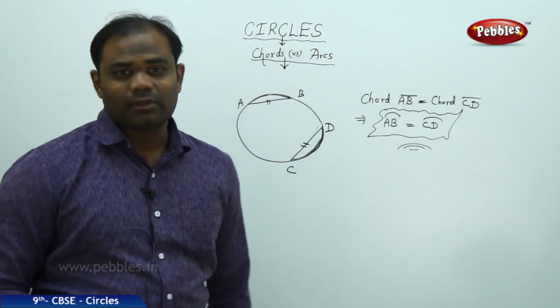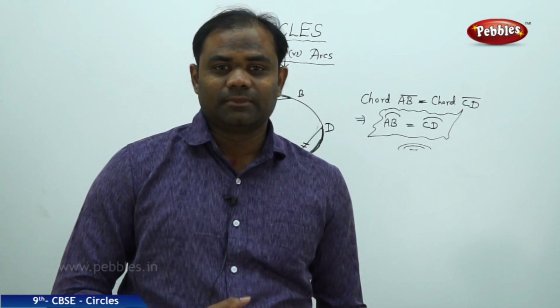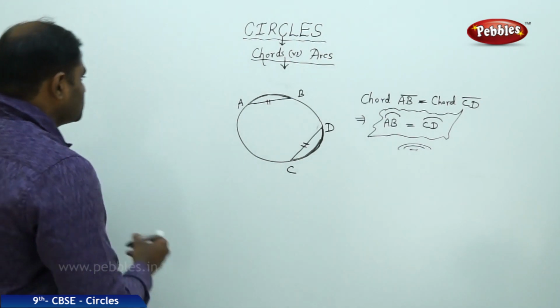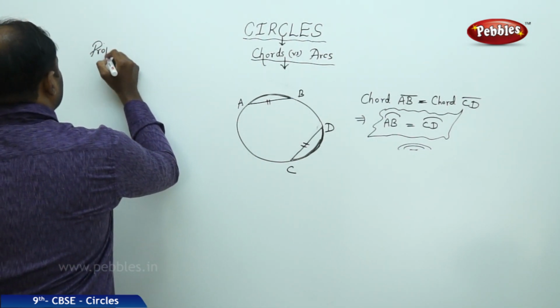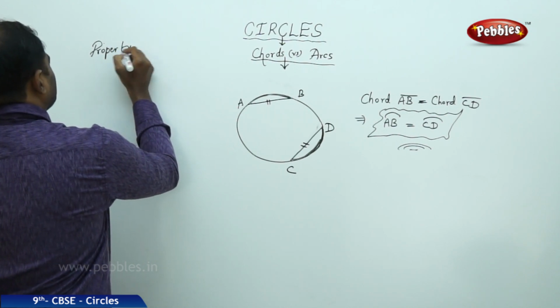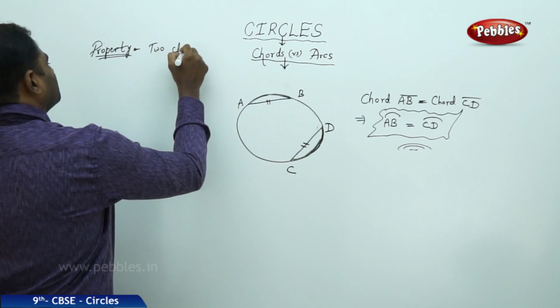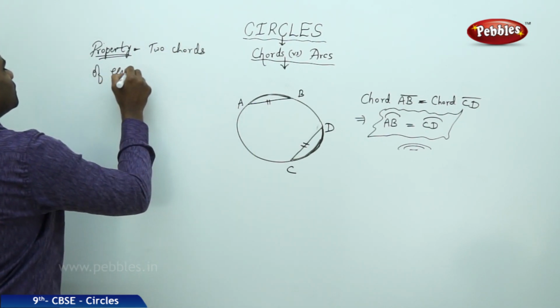Two chords of equal lengths make two equal arc lengths. In the statement, the property says two chords of equal lengths make two equal arc lengths.